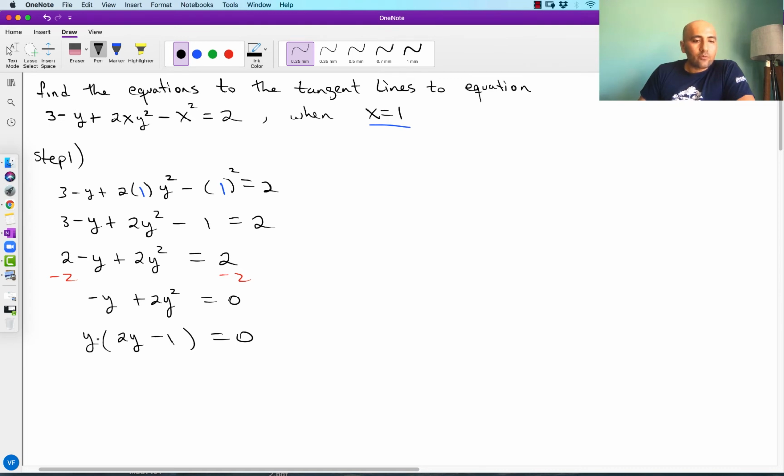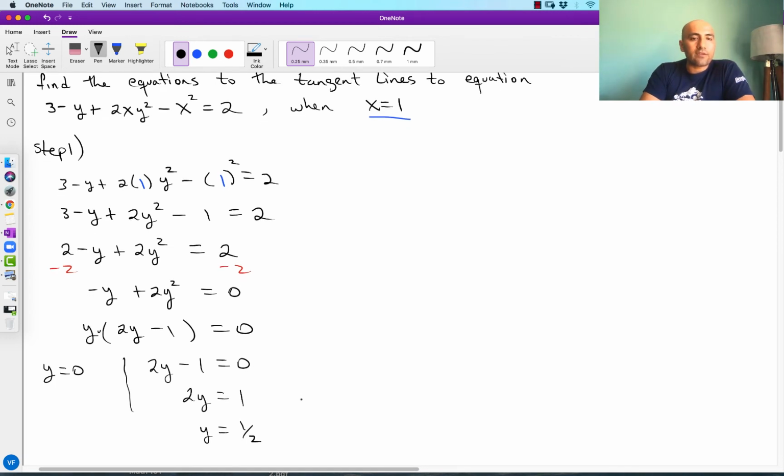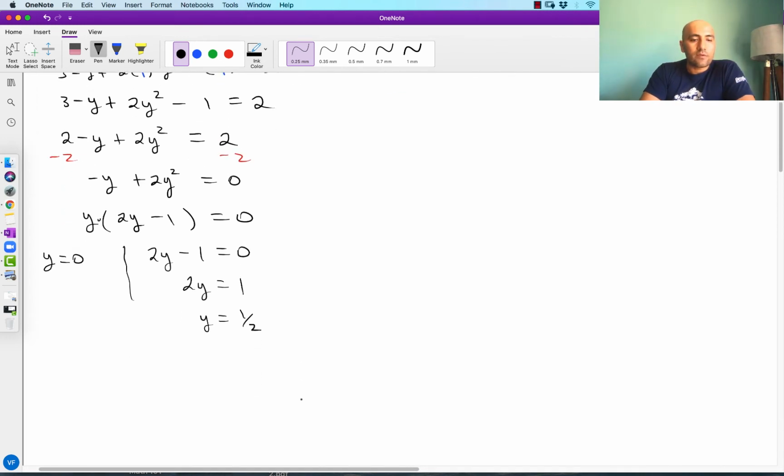The zero product rule lets me separate this. So y equals 0 is one solution. And the other solution is 2y minus 1 equals 0, which means 2y equals 1, or y equals 1/2. Okay, so we have two ordered pairs that solve that equation.